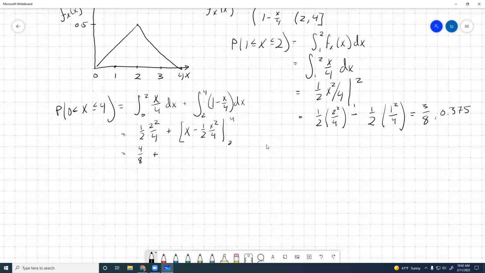So no surprise, the first one is 1/2. And the second one is 4 minus 1/2, 16 over 4.